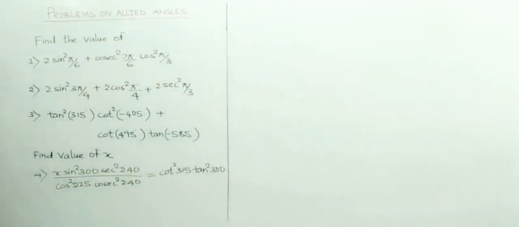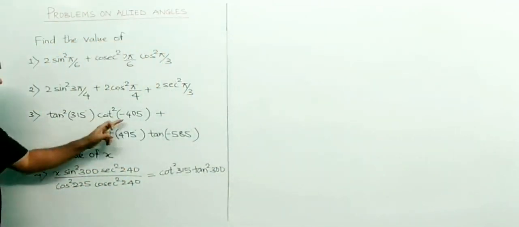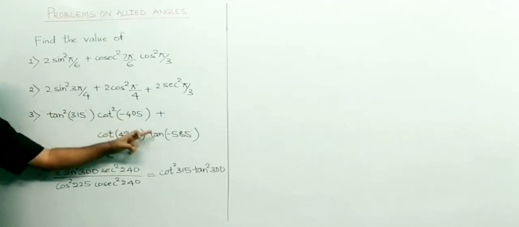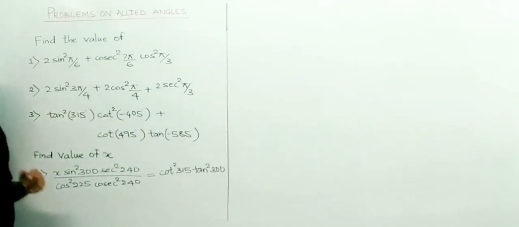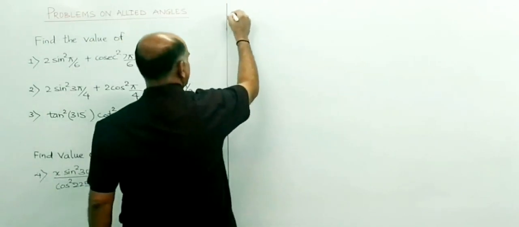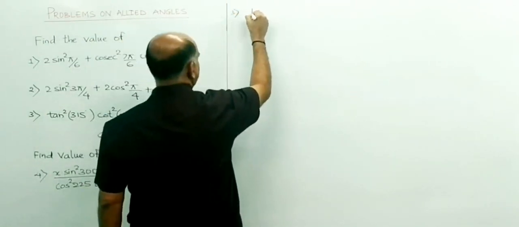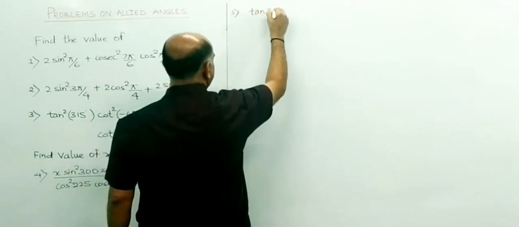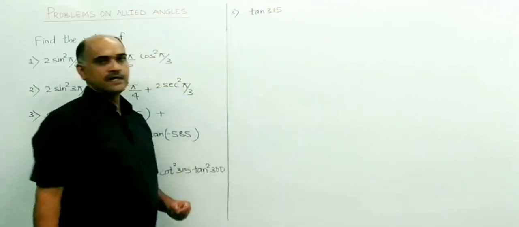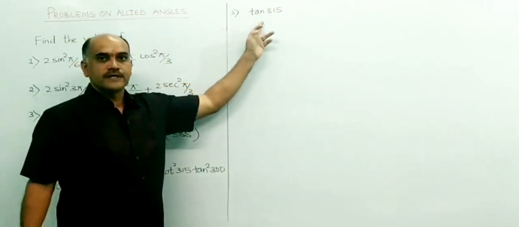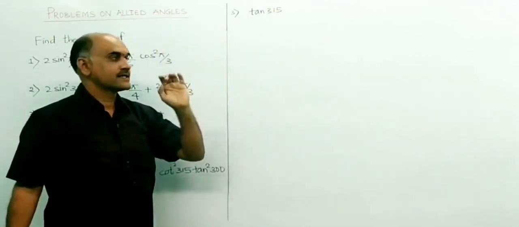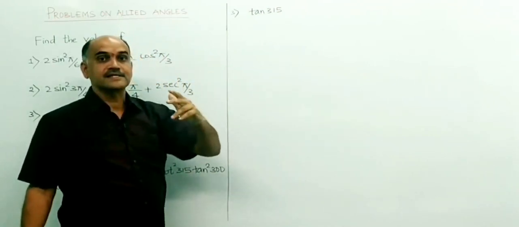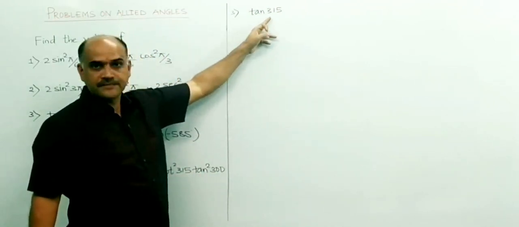Third one. Again, individually we will find the values of these 4 terms, then substitute. So, third, tan 315, don't take square. Now, I had told that if the angle is greater than 300 and less than 360, it is near to 360.